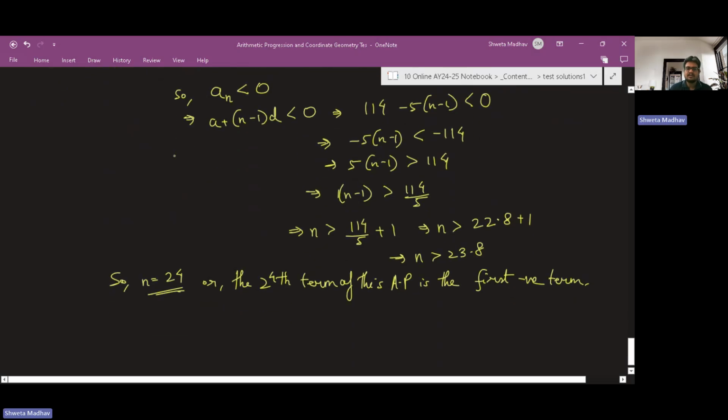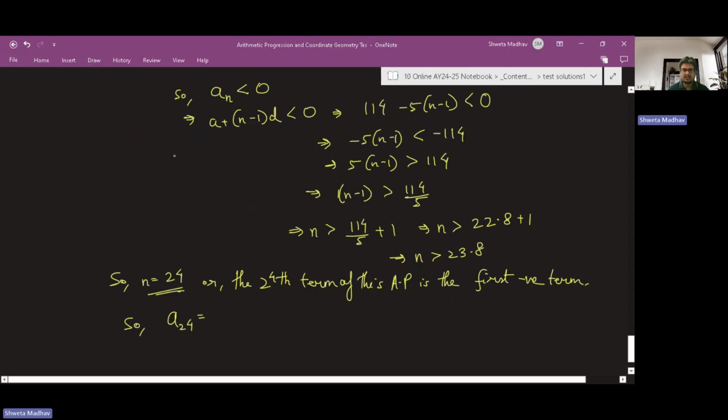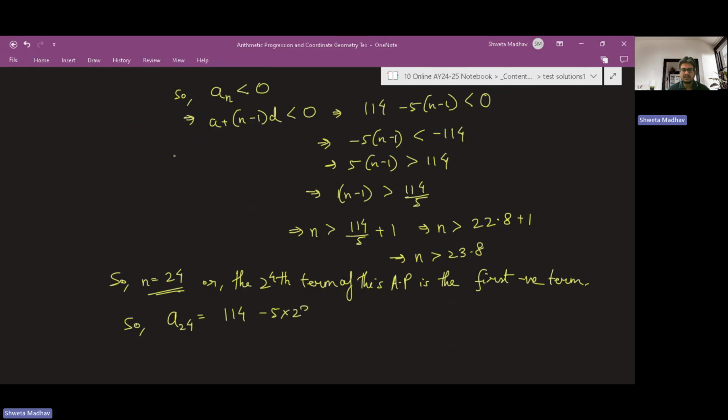You can check also. For n equal to 24, a24 will be 114 minus 5 into 23. That will be 114 minus 115, so that is minus 1. So hence we can say that the 24th term is the first negative term. So 24 is the answer.